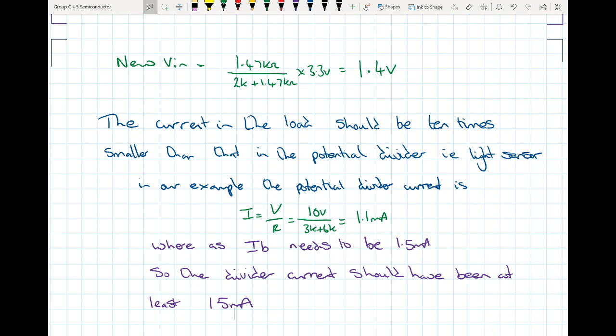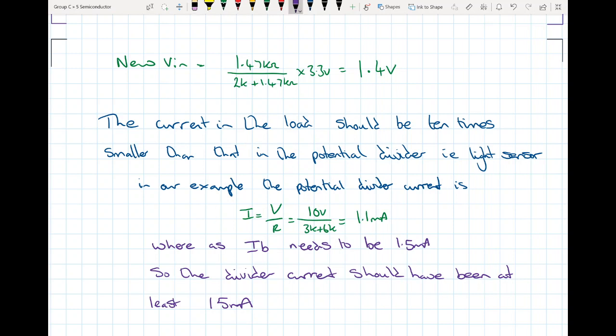Okay, so to bring it all together, how do we work this out? Well, we've seen before that when we're connecting subsystems together, the output resistance should be small compared to a large input resistance, and we've used the idea of 10 times. Well, here's exactly the same style, whereas the current that we have in the potential divider needs to be 10 times that of the current going down in the base.